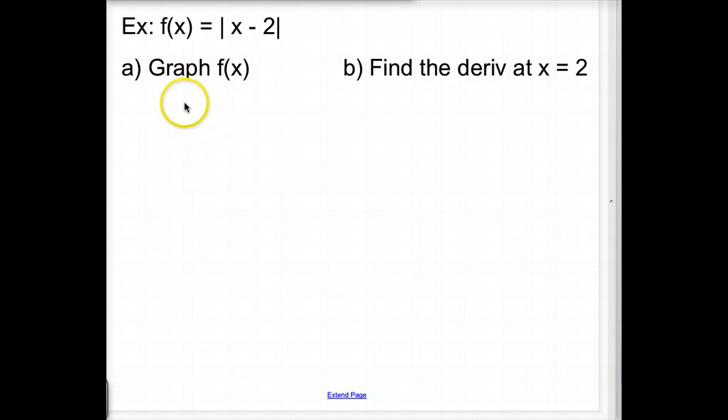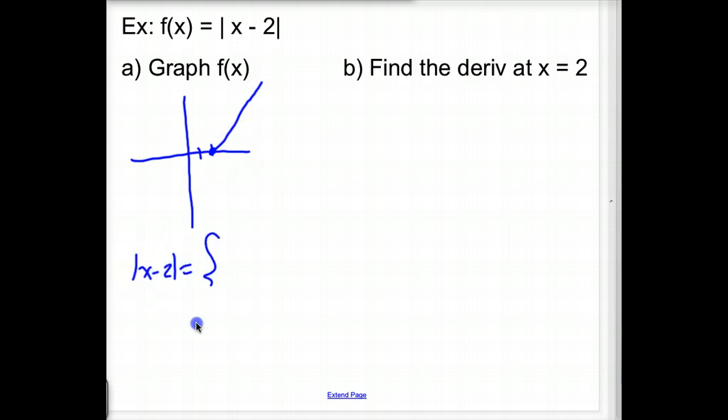If you have an absolute value and we want to find the derivative, first, let's think about how the graph looks. Where will the graph of x minus 2 equal 0? At 2, because x minus 2 equals 0 at x equals 2. And if we're on the positive side of 2, it's just going to be the regular graph of x minus 2. Positive slope. Remember, absolute value equals 2 functions really.